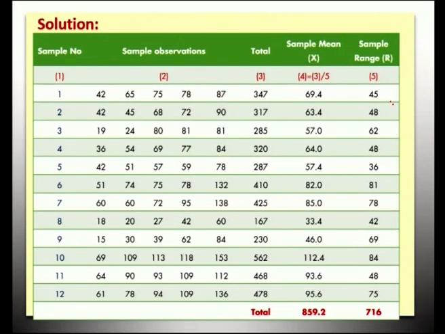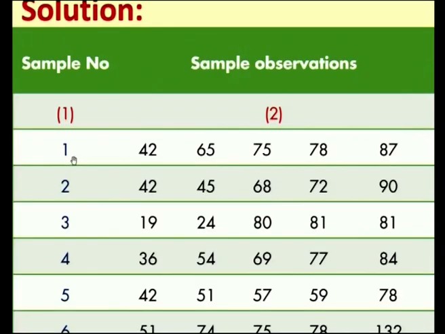Just to take, the sample numbers are 1, 2, 3, 4, 5 etc. up to 12 and the sample observations. For sample 1, the observations are 42, 65, 75, 78 and 87.